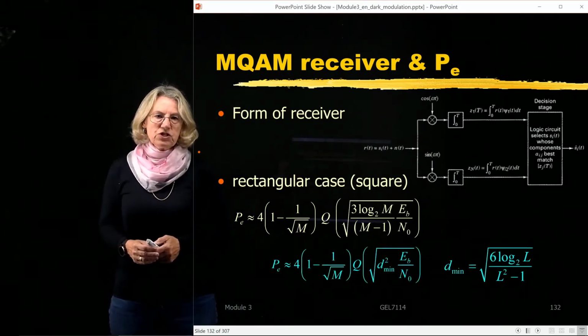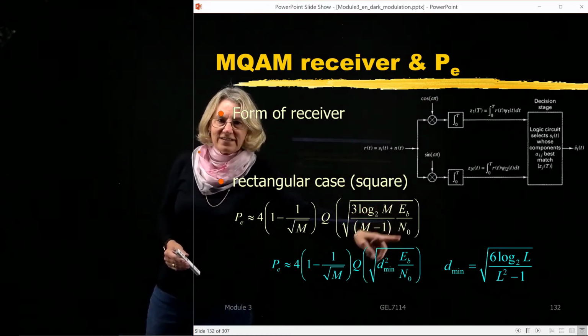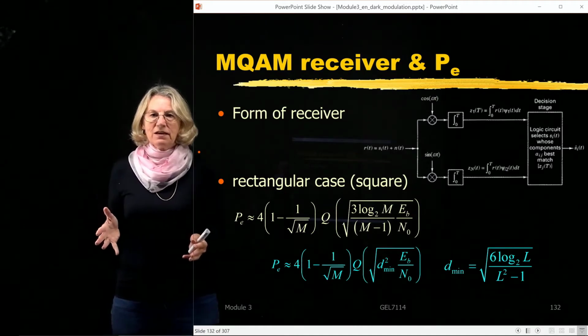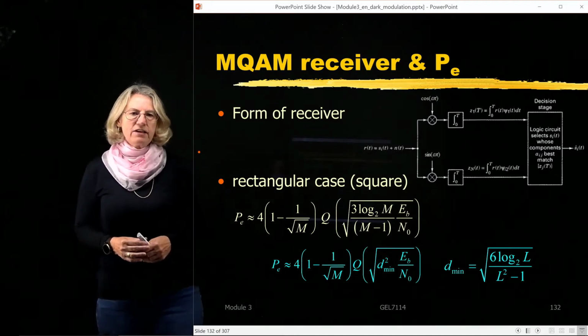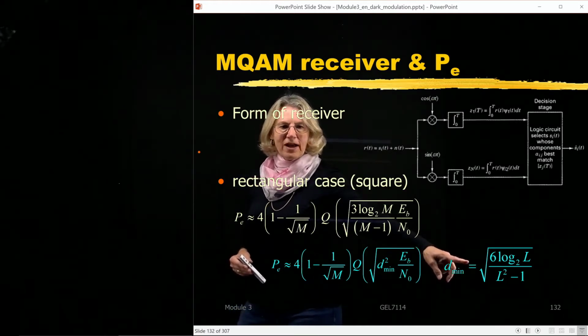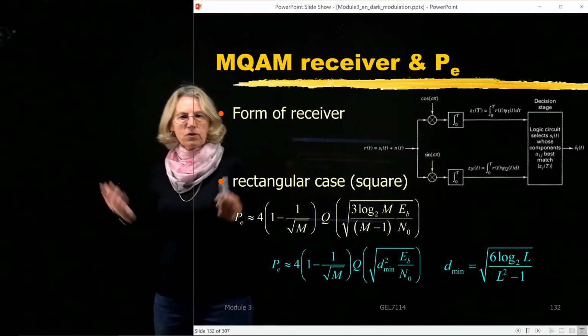So if I wanted to look at what it is that multiplies Eb over N0, that is by definition what we call this dmin lowercase squared. And here I have it written in L. Remember, L squared equals M, so either expression works.